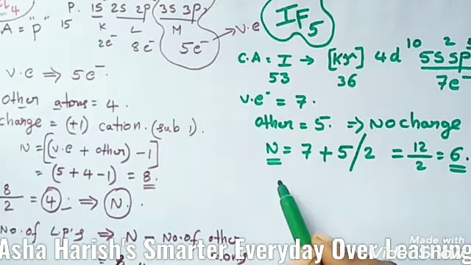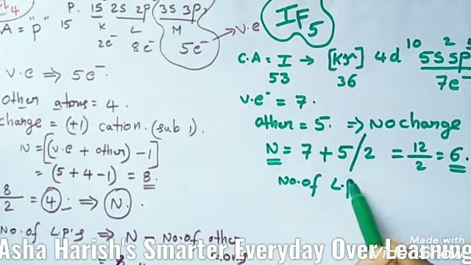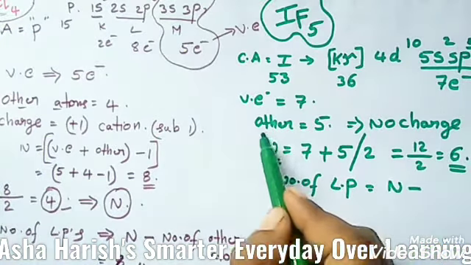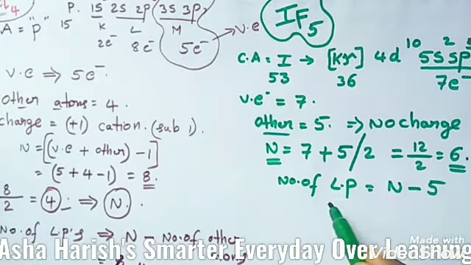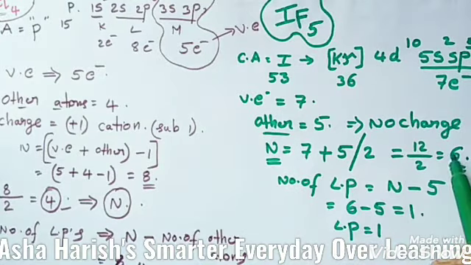Now from this n value you need to identify the number of lone pairs. Lone pairs is equal to the n value minus the other atoms. Other atoms means 5. Here the n value 6 minus 5 is 1. So the lone pairs LP is equal to 1 and n is equal to 6.